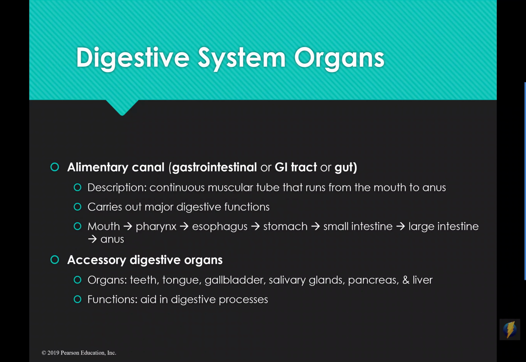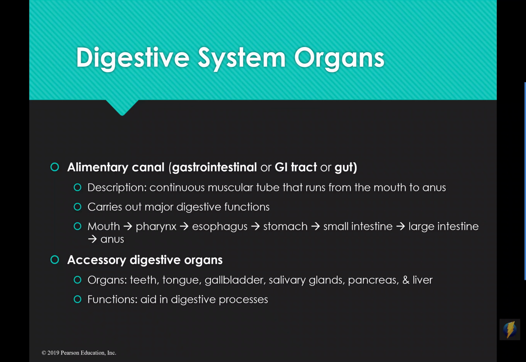The digestive system is generally broken into two parts, what we call the GI tract, the gastrointestinal tract, the alimentary canal, which is essentially just a very muscular tube that runs from your mouth to your anus, that does all of the digestive processes. Everything that your digestive system does, it's generally the GI tract that is doing those things.